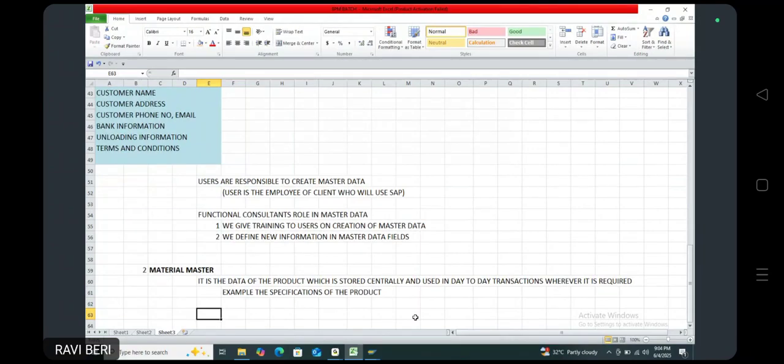So any master data, who is responsible to create? End users. Who is user? Employee of client. Client who uses SAP. User is the employee of client who will use SAP. Okay. But we are consultants.